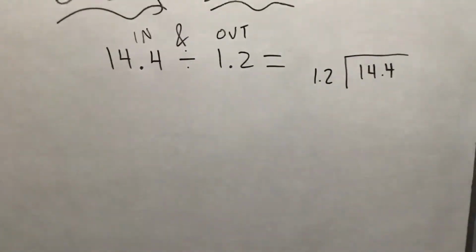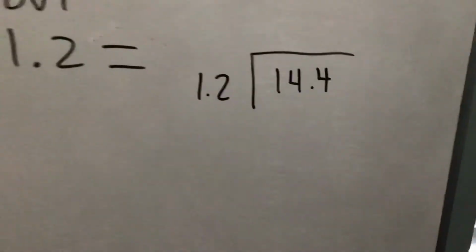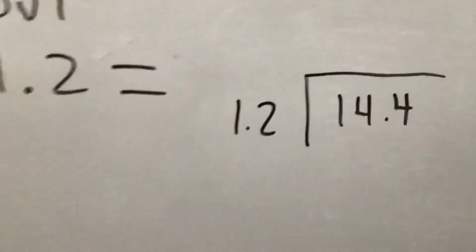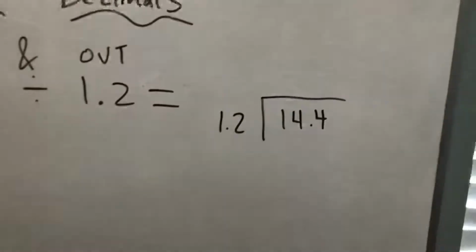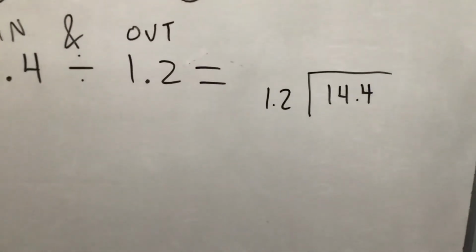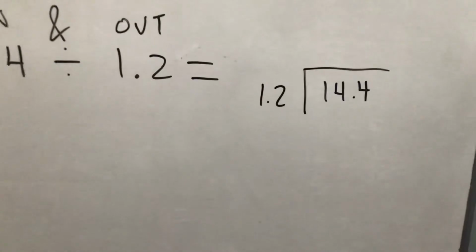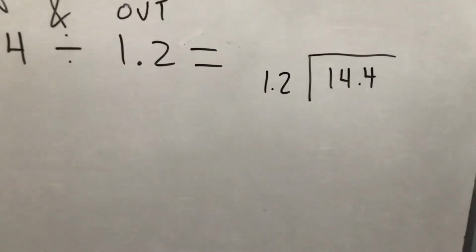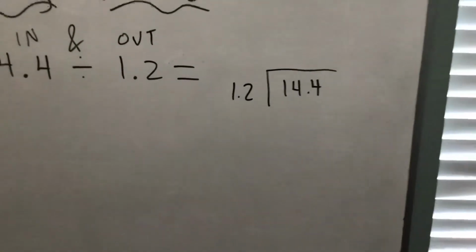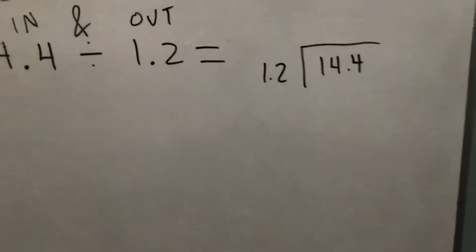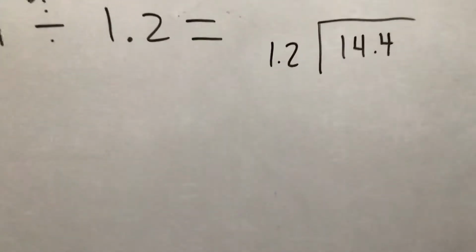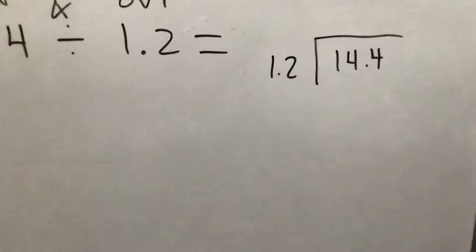So when we do this, now we have it set up. And there's that rule that says you can never divide when the number outside the house is a decimal. So that 1.2 is a decimal, and we cannot continue dividing until we make it into a whole number.